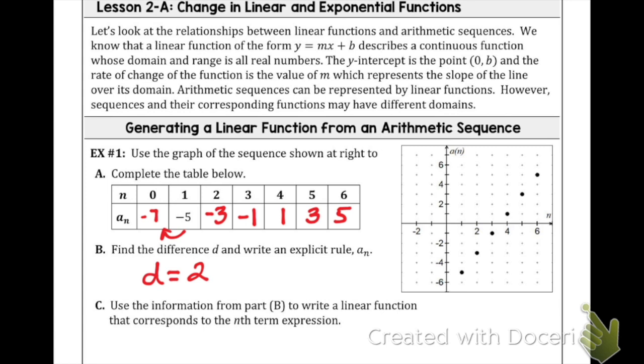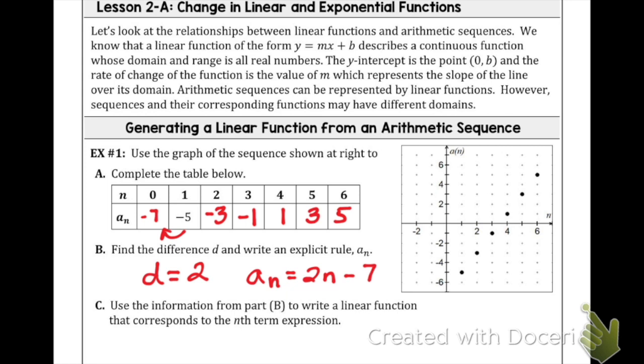Okay, so find the difference, write an explicit rule for a sub n. So a sub n is equal to my common difference, 2n, and my a naught, minus 7.